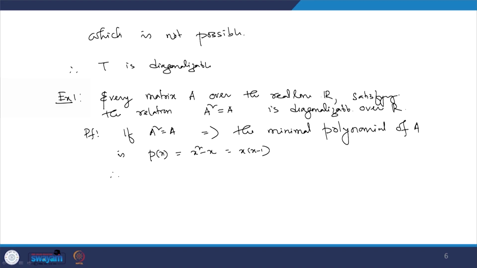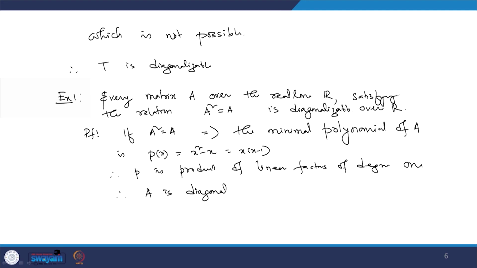So P is a product of linear factors of degree 1. So, according to the last theorems, A is diagonalizable. Let me consider some more problems.